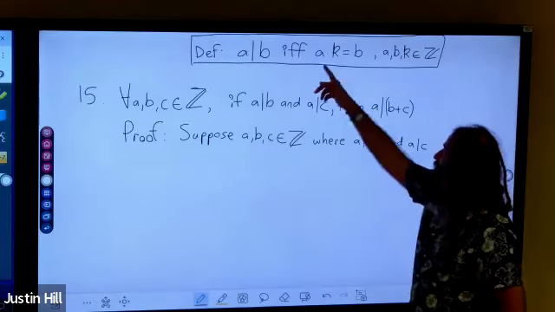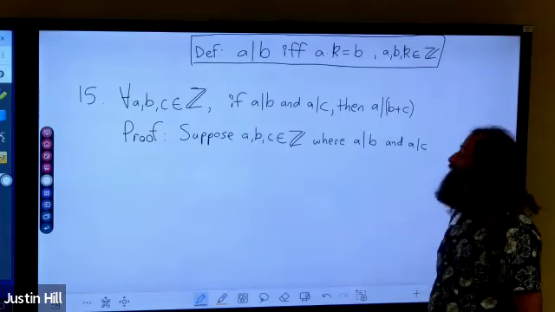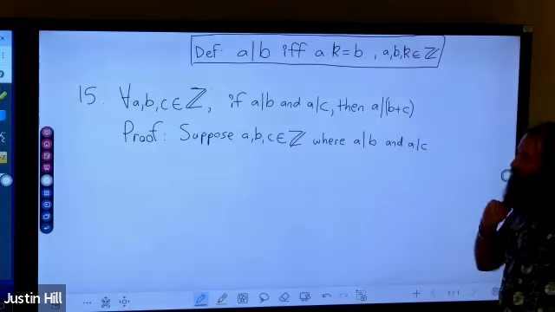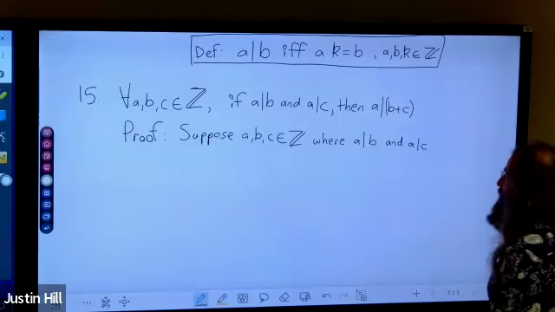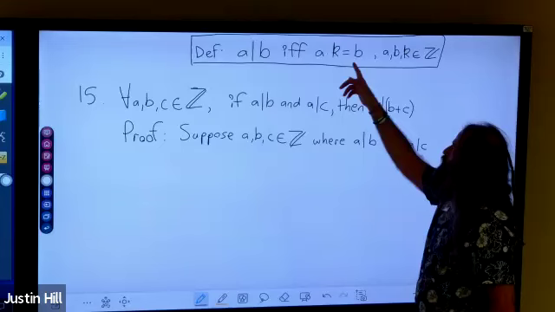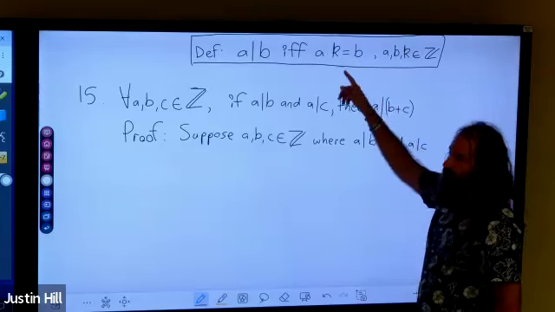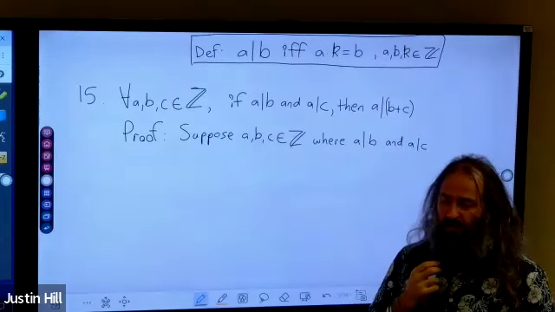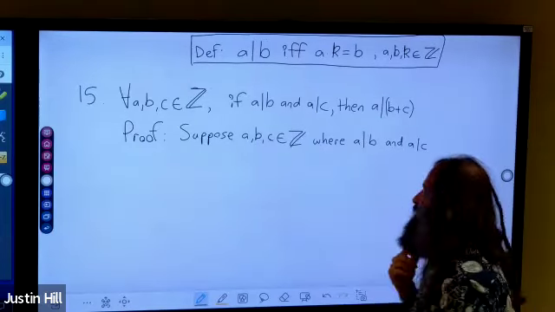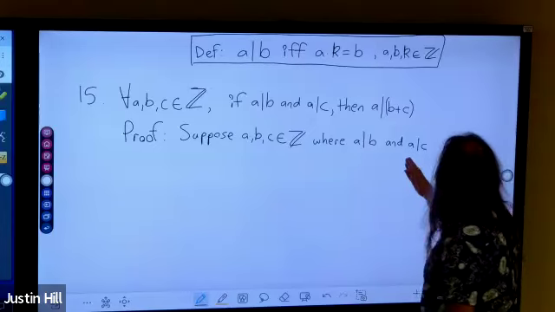Good, that means A times some integer is going to equal B. What does it mean that A divides C? Good, that also means that A times some integer equals C. But make sure, this is one of those mistakes that she talked about in the second section: make sure that it's not necessarily the same integer.